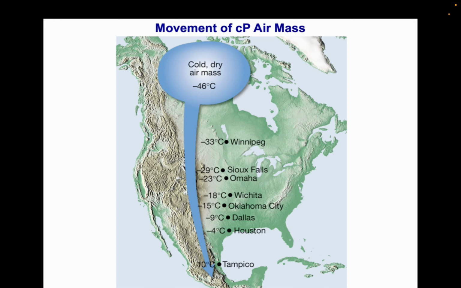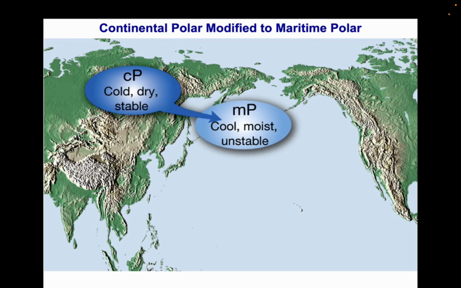While when we have, for instance, the maritime polar dominating a region, what we have is a cold and moisture-rich air mass. So you would expect it would still be colder, but cold and wet weather would be much more prevalent when the maritime polar air dominates.